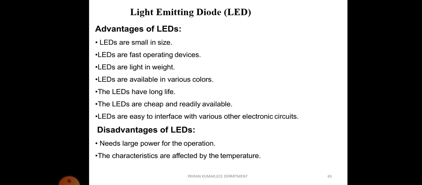If you apply more than 5 volts, a large current flows in the LED, and the LED will burn out. So these precautions must be taken care of, and based on polarities apply the forward bias voltage only. So this is the operation of the LED, its working principle, advantages and disadvantages.